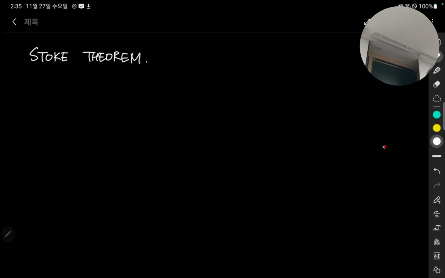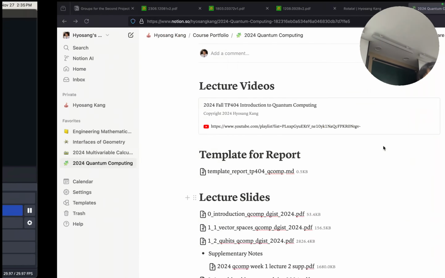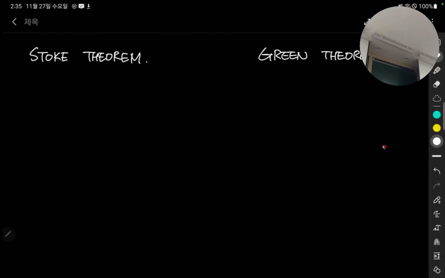Let's begin with the Green theorem. Make sure it's recording. Okay, so what is the Green theorem? It's about a line integral of a vector field along a curve inside two-dimensional space.